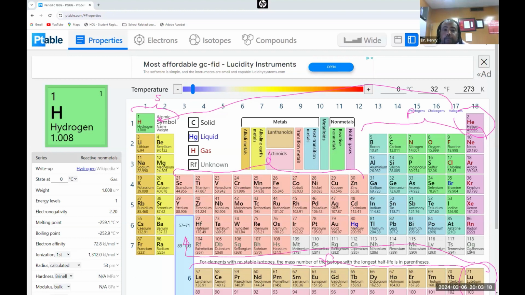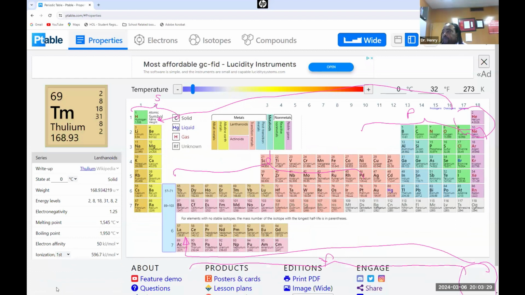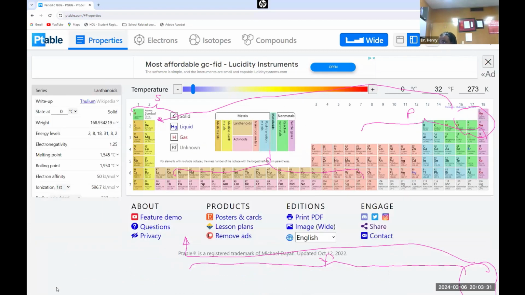Okay, now this is what the periodic table really looks like. Let me show you. I'm going to clear it again and then I'll try it again.